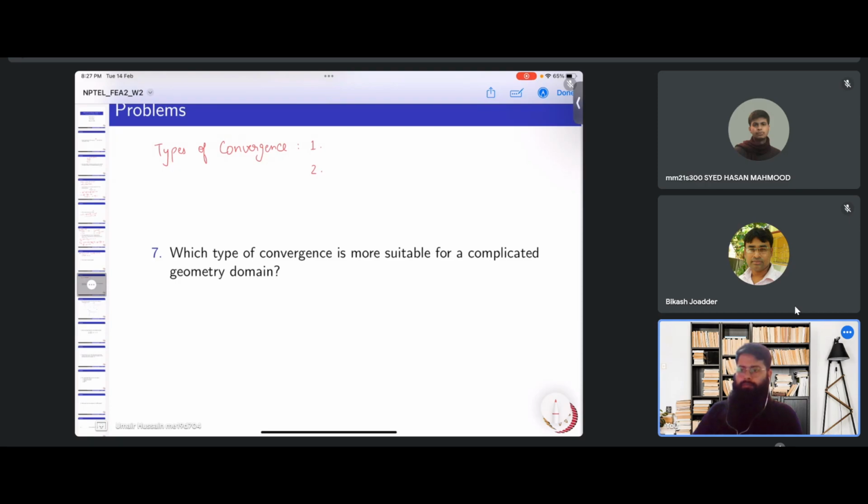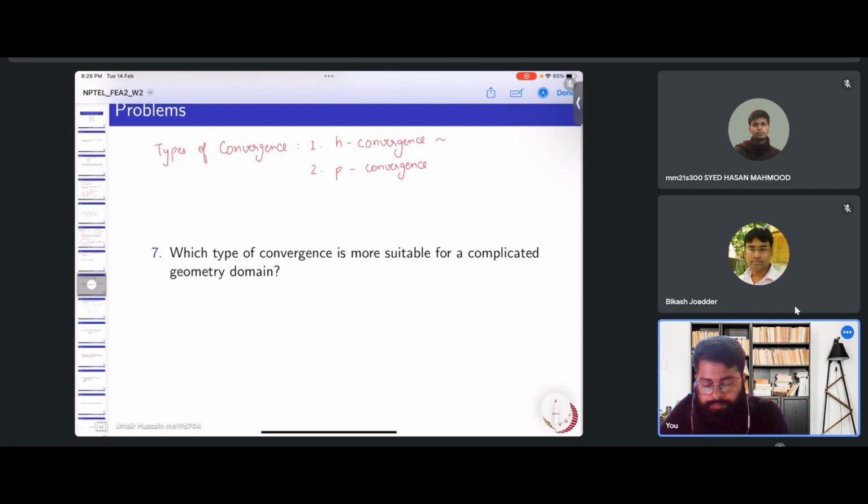Okay, do we have any answer for this? So I'll tell the first: H convergence. We have P convergence.